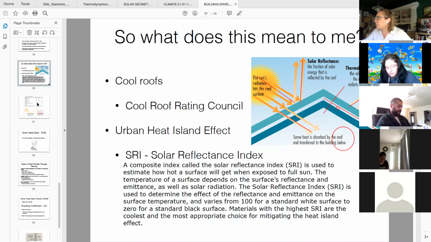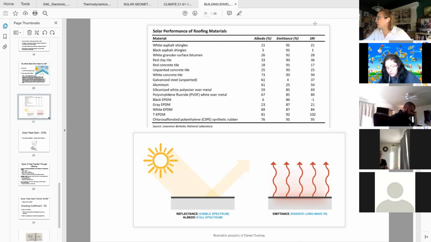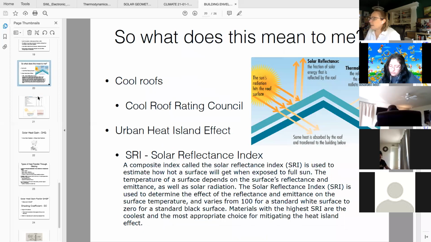Here is a chart that's got some different performances of different types of roofing materials, comparing the albedo and its emittance and its solar reflectance index.